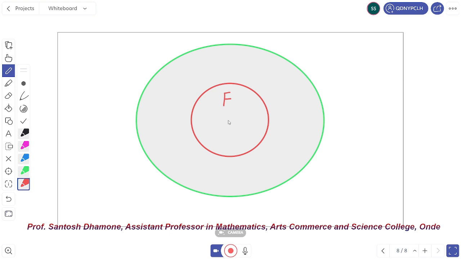We take X as a point in the open ball about P with radius r, and we have shown that this X is in F complement. Therefore this open ball is contained in F complement. This implies that the open ball about P with radius r is contained in F complement.